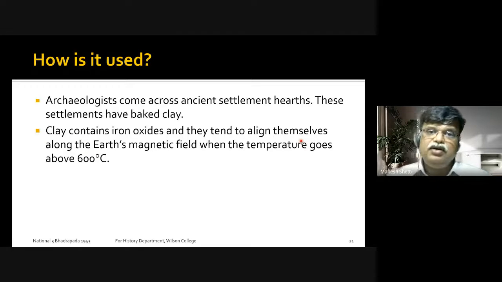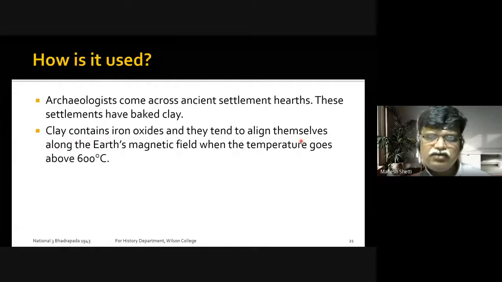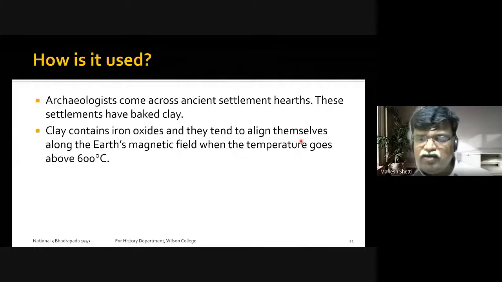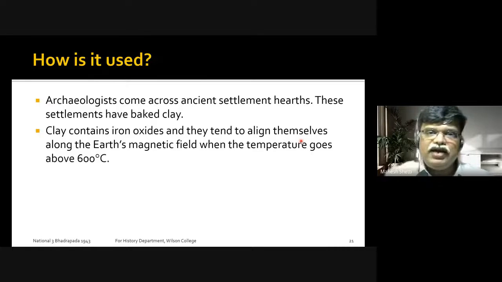So if an archaeologist finds this hearth and measures the magnetic direction of that hearth and compares it with the present magnetic direction, they will find that there is a difference. This is slightly oriented in a different direction.